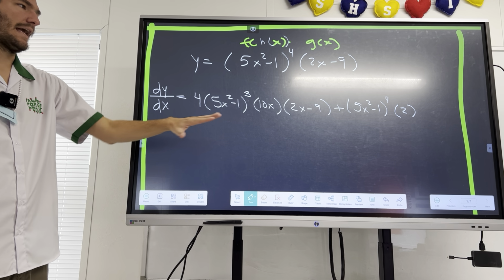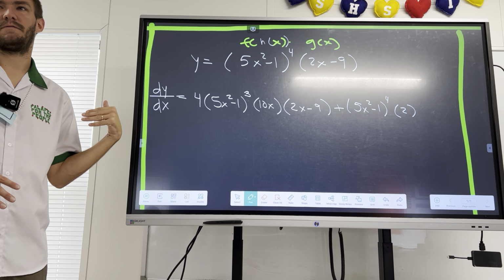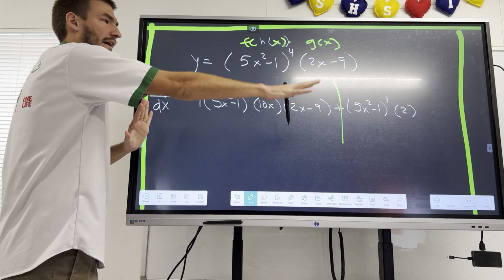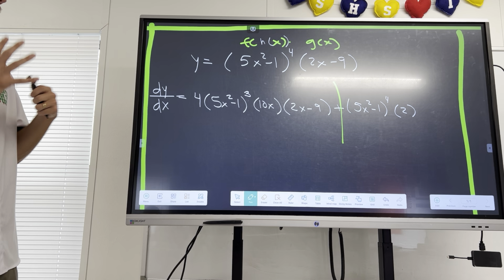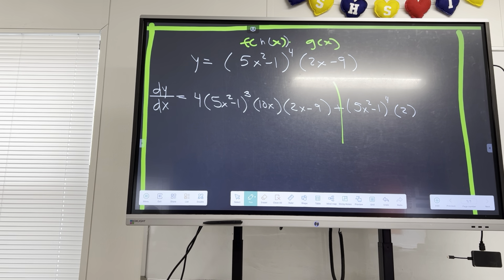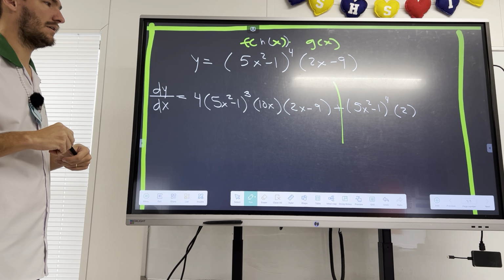The way that you can handle this is look for GCF. So look at the left side and the right side of this product rule and see how much stuff we can GCF and pull away from this. And a lot of times there's quite a lot of similarities.